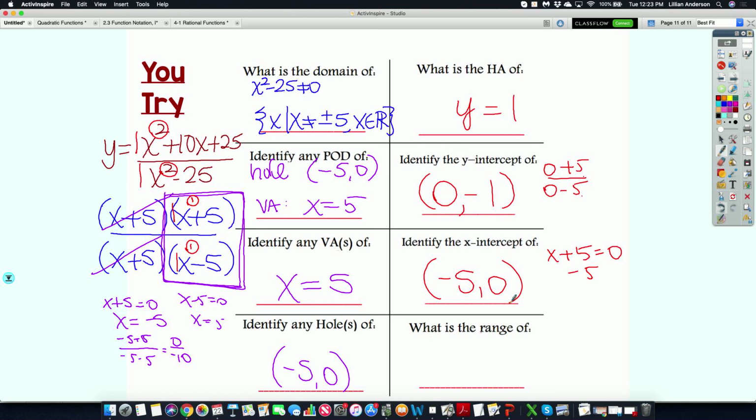Last but not least, what's the range? Y cannot be 1 because that was the horizontal asymptote. Y has to be all real numbers. Again, the range is everything but the horizontal asymptote. What about the hole?